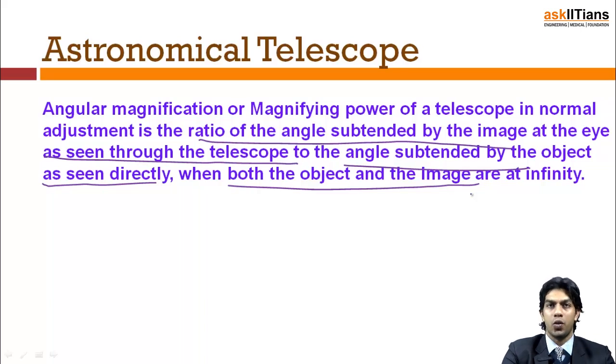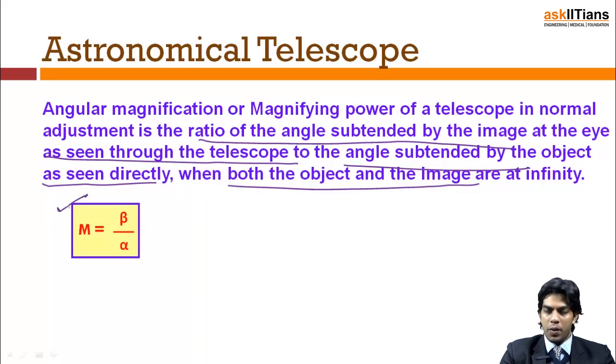For the compound microscope, I was looking at objects placed at the least distance of distinct vision. So please make sure the conditions are properly held whenever we are talking about the astronomical telescope and compound microscope regarding magnifying power. Please keep that in mind. What is magnifying power in a telescope and what is magnifying power in a microscope?